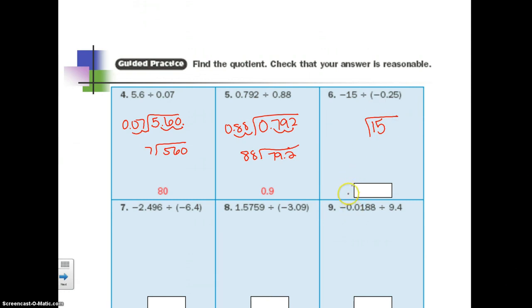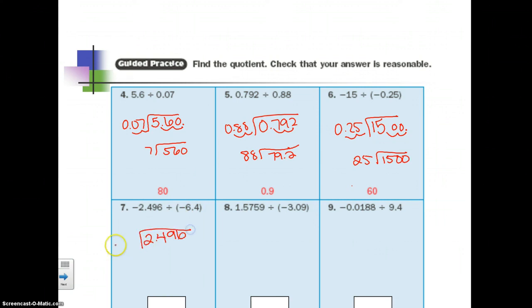Same sign, positive, different signs, negative. We're going to move this over twice, so here's the invisible decimal point. We're going to add 2 zeros. So you have 25 into 1500, 60 times. And it is positive, same sign. Same thing with 7, same sign, so it's positive.